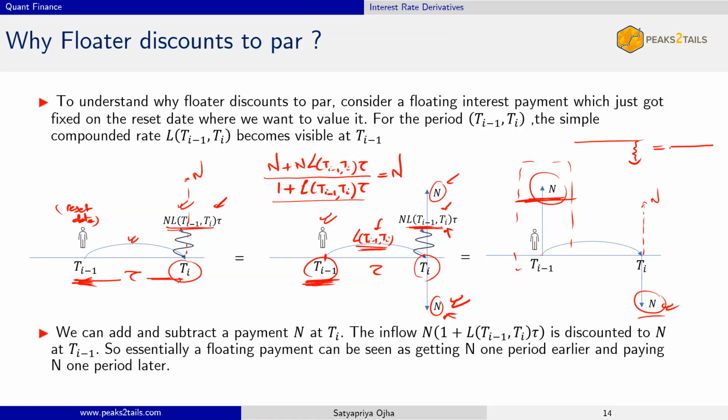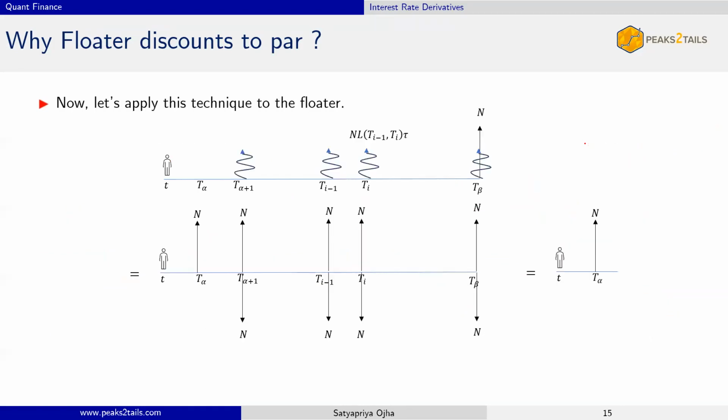This will be n here and n here. Just the opposite. Okay. So I hope you're comfortable with this. Any floating coupon payment can be shown as notional inflows and outflows. All right. Now let's use this idea to see why the floating rate bond discounts to par.